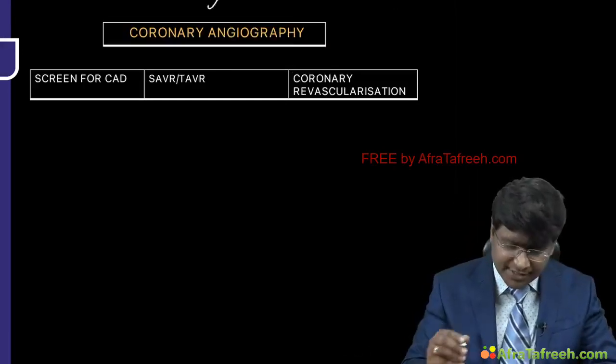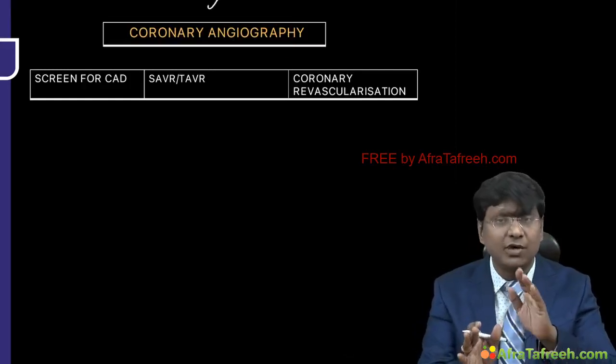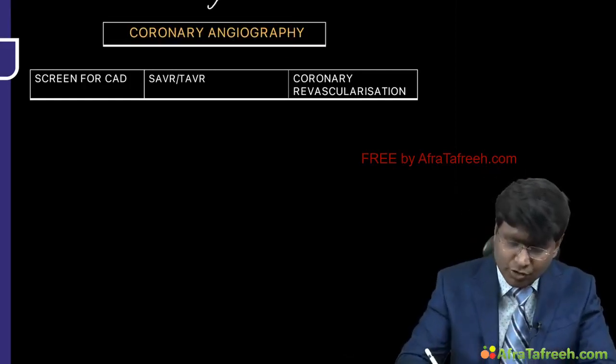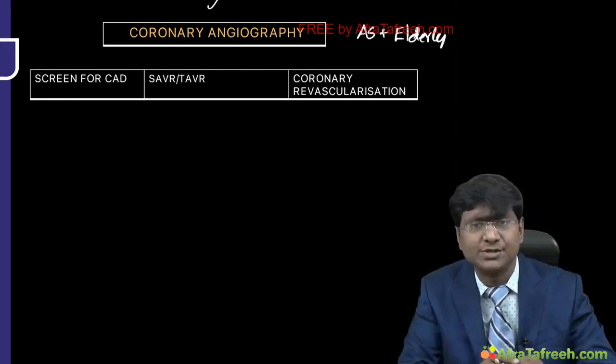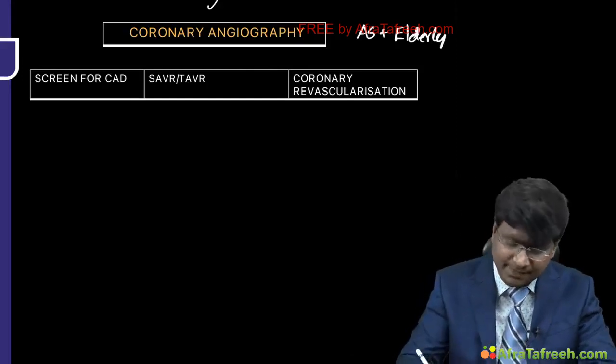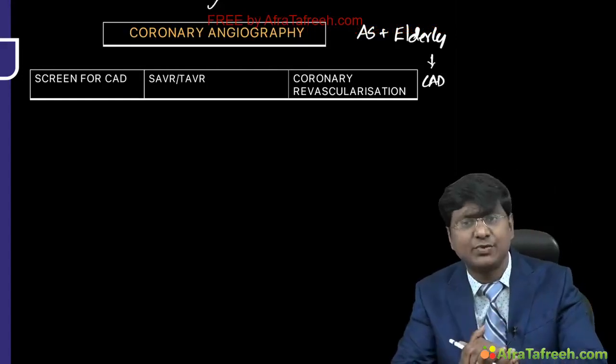Next important is coronary angiography. What is the purpose of doing it? Most of these patients with aortic stenosis are elderly individuals, and these elderly individuals have concomitant coronary artery disease as well.